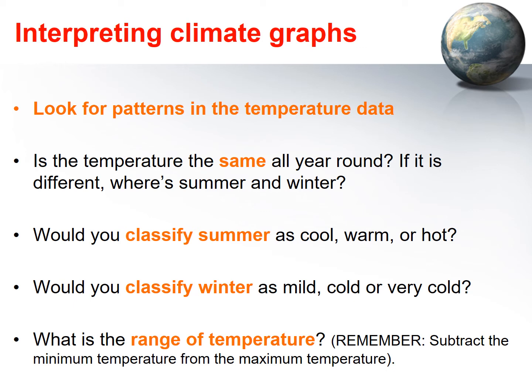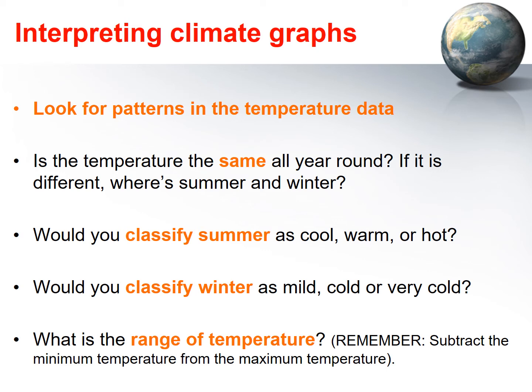And if it's different, when are the summer months, when it's warmer, and when are the winter months, when it's colder? But would you classify summer as cool, warm, or hot? Some places, it's not always going to be hot in summer. Example, in the southern hemisphere. So you want to watch for those kinds of details and where the country or location is located.